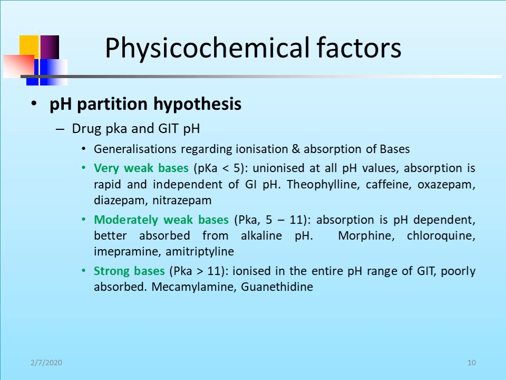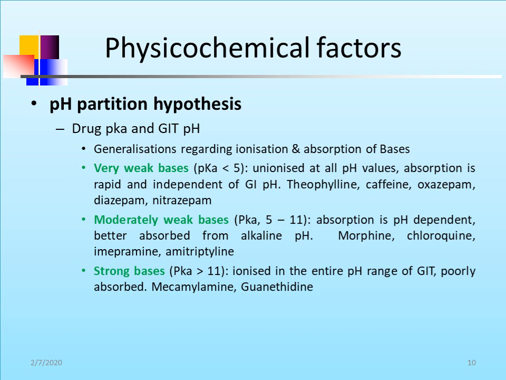Moving towards certain generalizations regarding ionization and absorption of bases. Very weak bases with a pK less than 5 are present in unionized form at all pH values and absorption is rapid and independent of gastrointestinal pH, for example theophylline, caffeine, oxazepam, diazepam and nitrazepam.